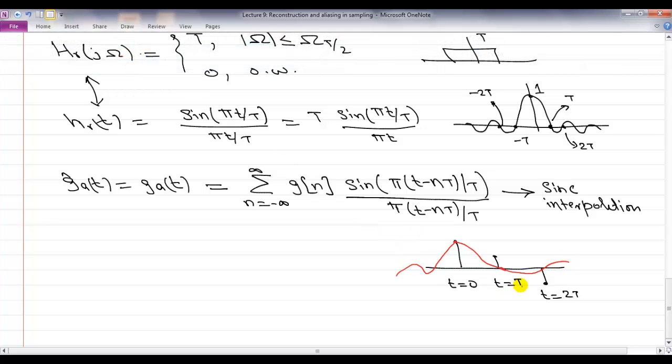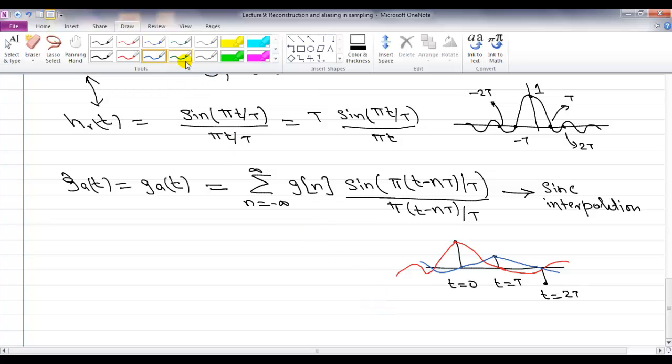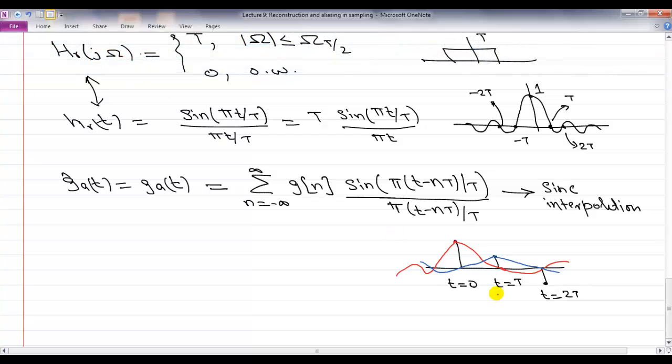You take another sinc and place it at t equal to capital T, so its height is this. It passes through 0 here, passes through 0 at the next location, and so forth. You take another sinc and put it at t equal to 2T, and of course it will reverse the polarity because you are multiplying with a negative sign. It will pass through zeros at all the other locations.